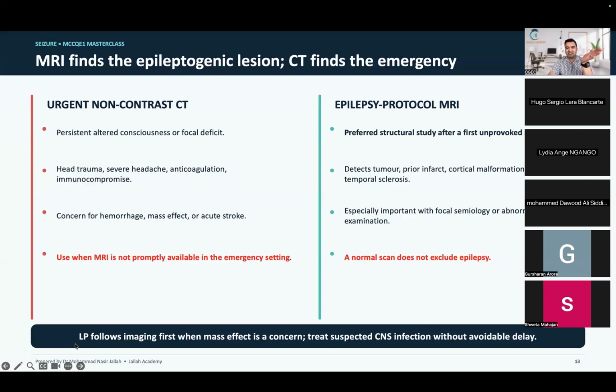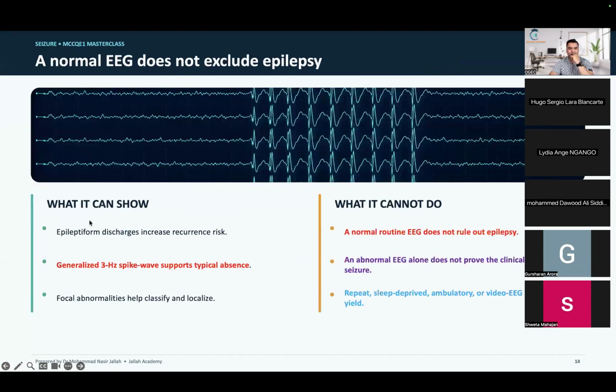Even with the EEG, a negative EEG does not rule out epilepsy. LP follows imaging first when mass effect is a concern. Treat suspected CNS infection without avoidable delay. So a normal CT scan does not rule it out, and a normal EEG does not rule it out.